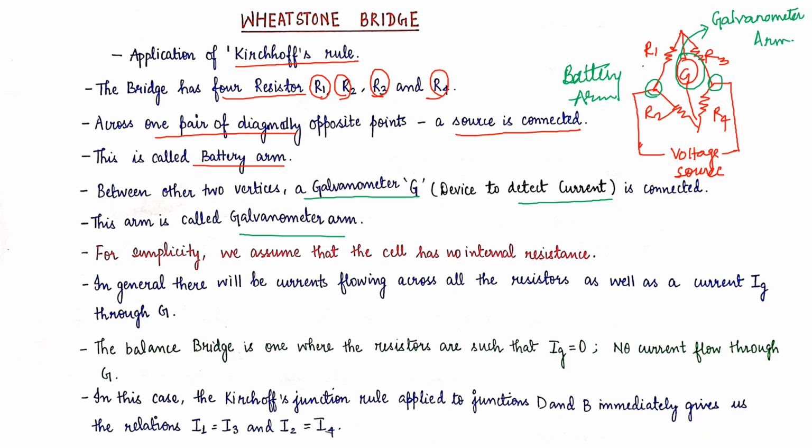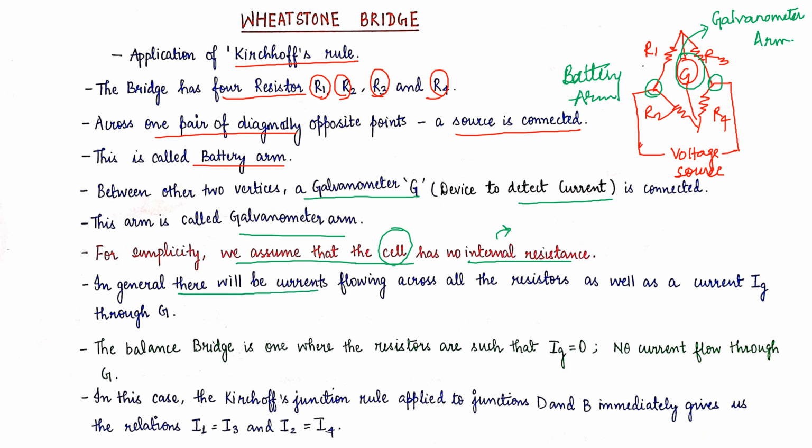Next, for simplicity, we assume that the cell has no internal resistance, because if we add this component in our derivation also, the problem will become a bit complex. So to remove the complexity, we are saying that our cell has no internal resistance.